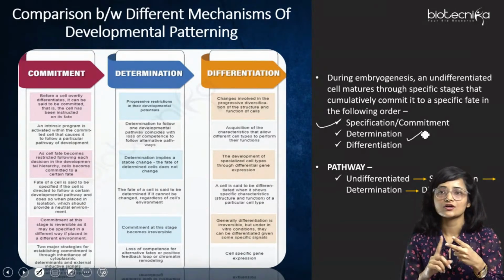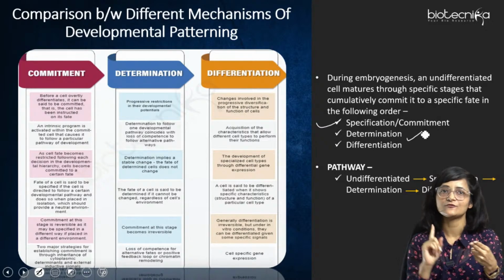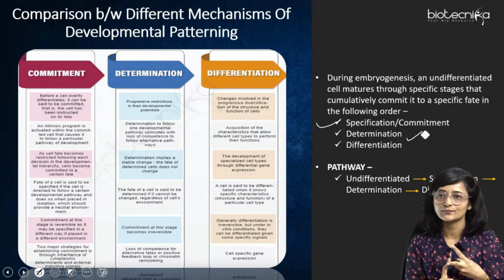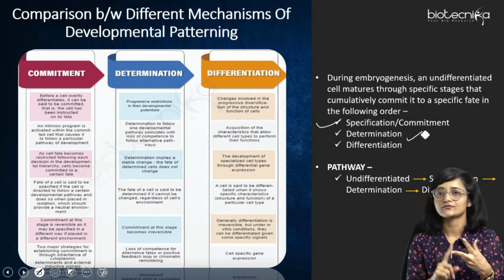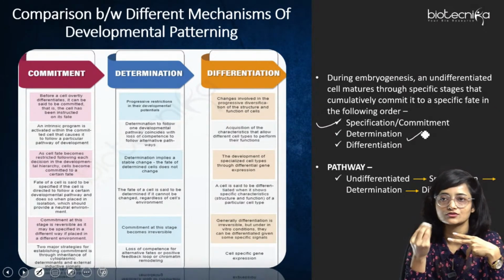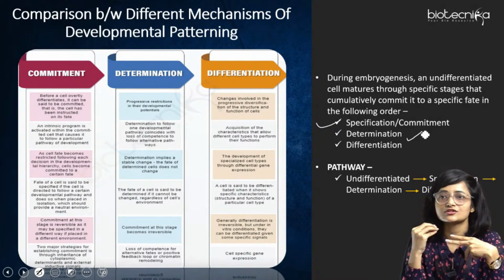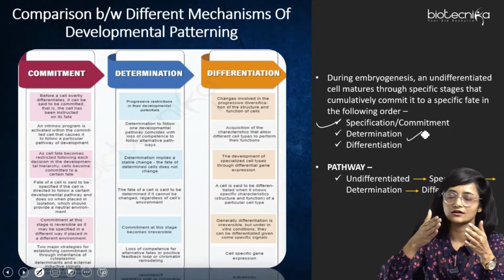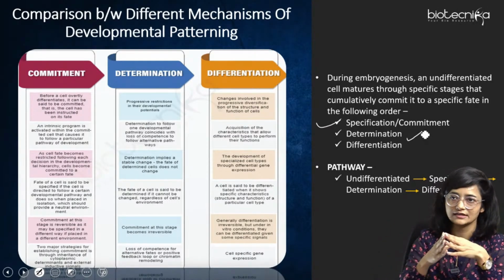Two major factors which basically influence a cell fate are, first, the cytoplasmic determinants, about which we'll be studying. So these are basically some kind of chemicals or signal molecules that are produced inside, which induce a cell to follow a particular pathway and get converted into a particular type of cell, right?